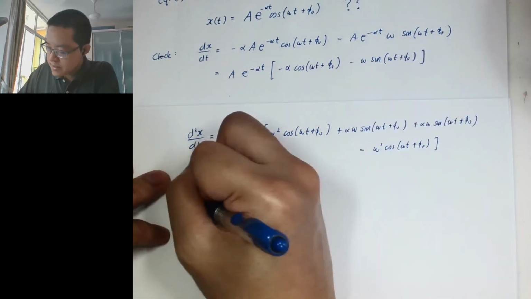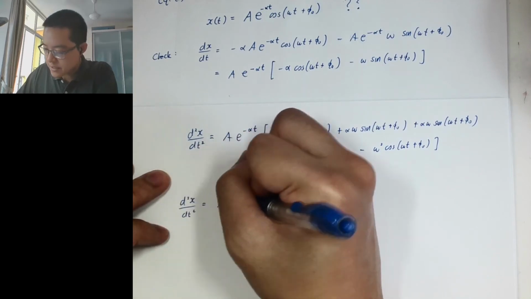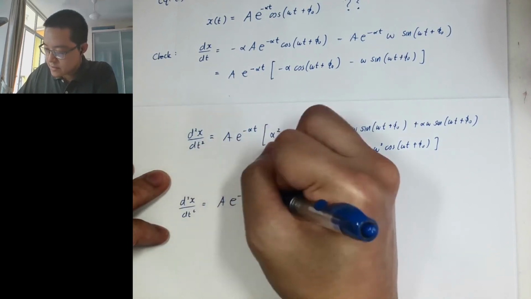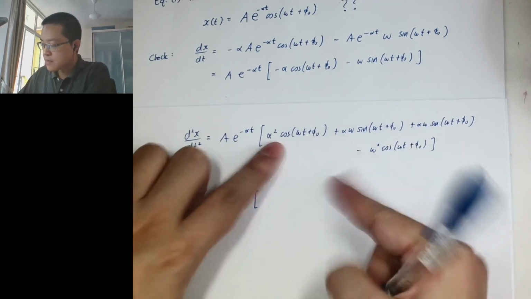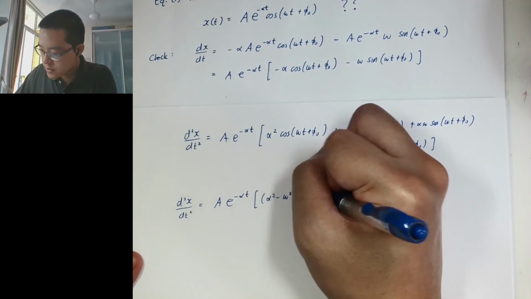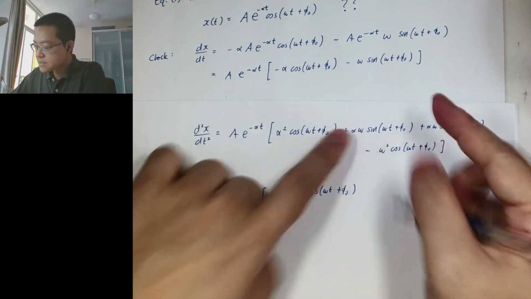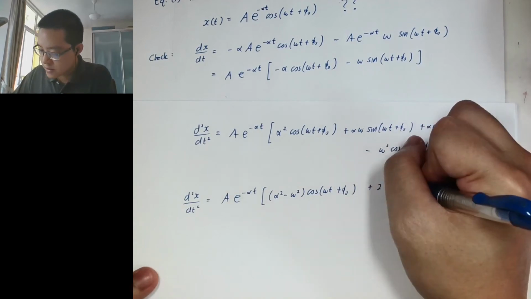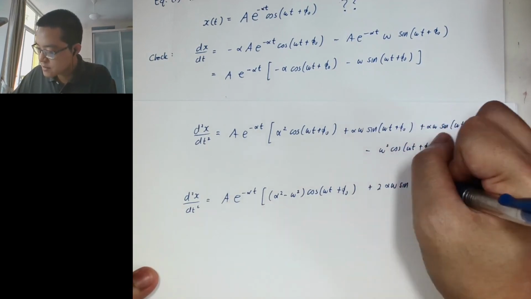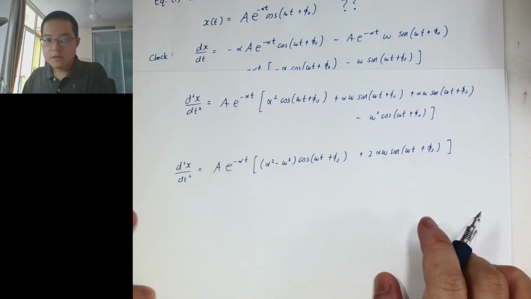So my second derivative I can simplify to A e to the negative alpha t, and then group together the common terms: alpha squared minus omega squared times cos(omega t plus phi 0), and then this plus this gives me 2 alpha omega sine(omega t plus phi 0). Okay, so I got this now.